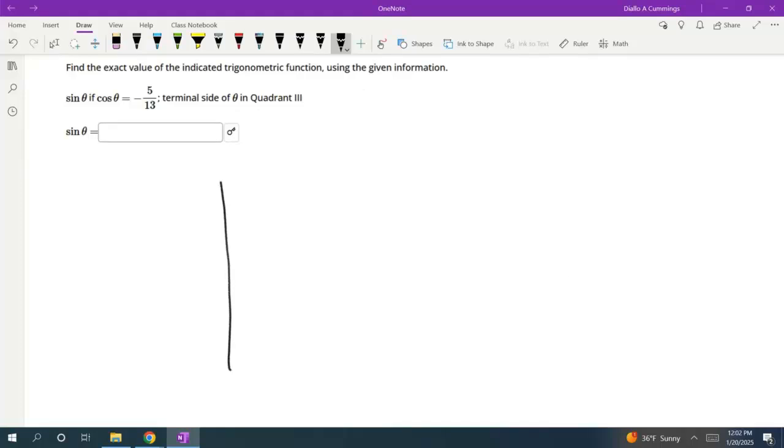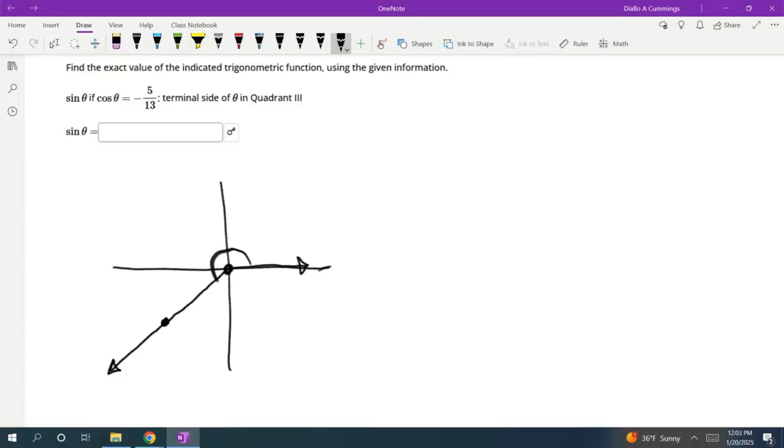So firstly, let's sketch out an angle in the third quadrant. All right, so remember that all of our angles start along this positive x-axis. I'm going to arbitrarily place a point in the third quadrant. Through that point, I'm going to draw my end ray.